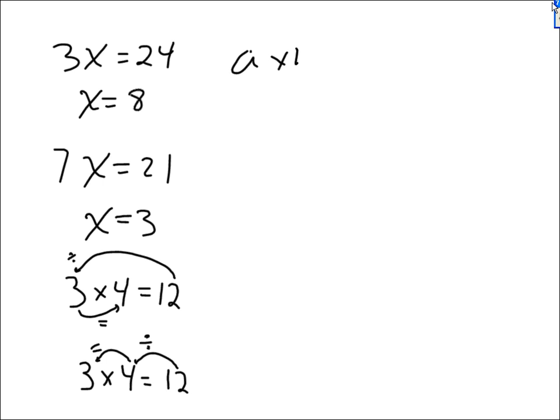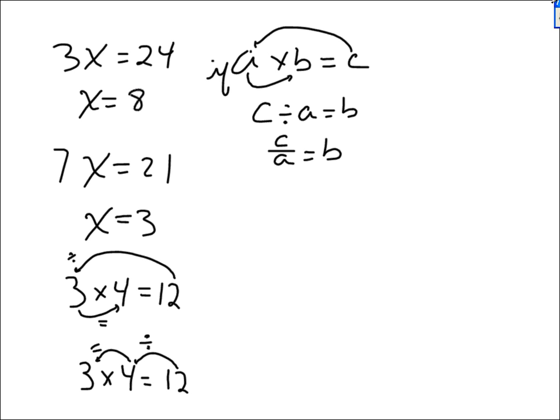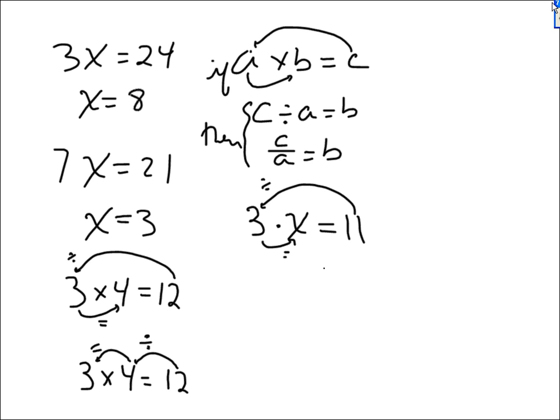If A times B equals C, then C divided by A is B. That is, C over A is B. If 3 times x is 11, 11 divided by 3 gives you x. And our problem is done. 11 over 3 is x.